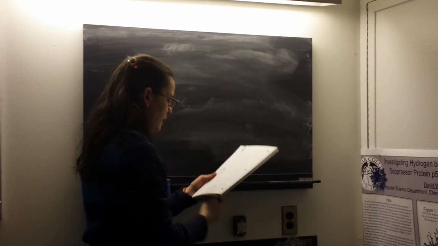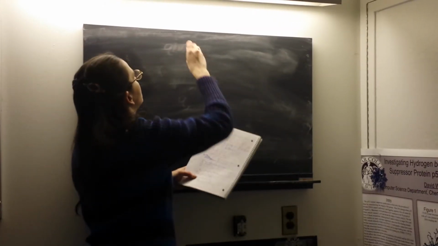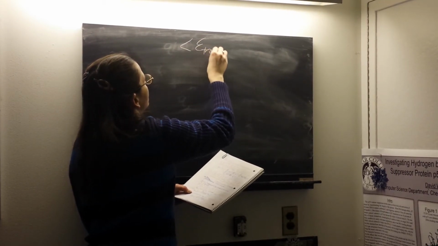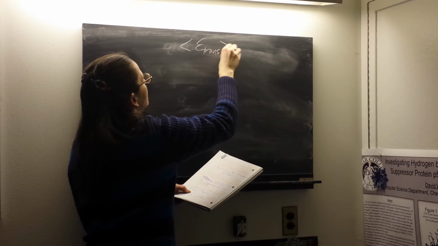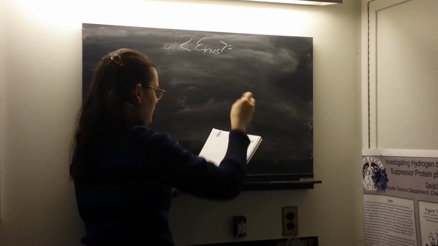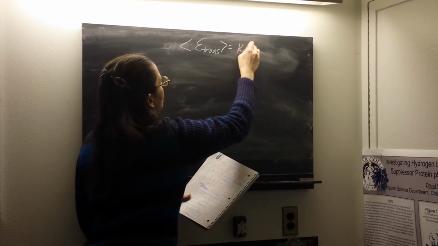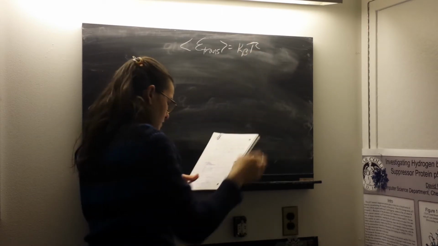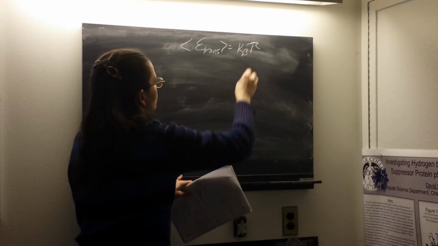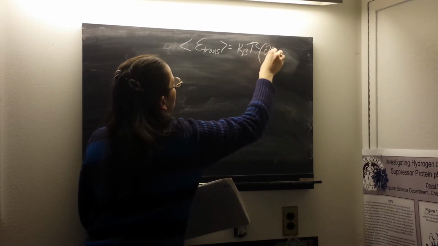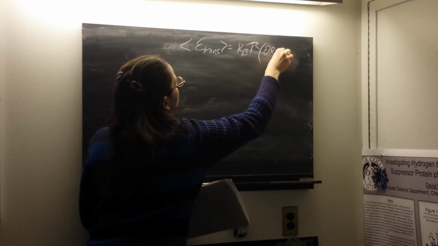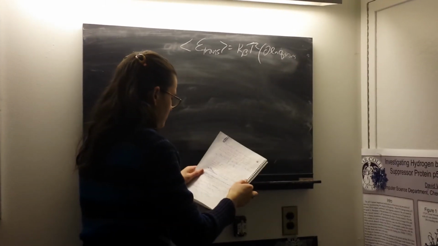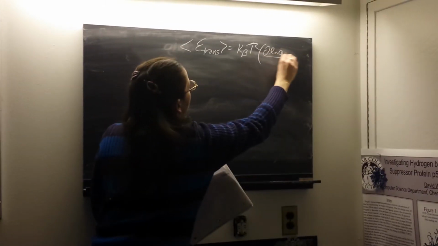Now that we have our Q, we can write the average energy of translation is going to be equal to kBT squared times d ln Q trans over dT with constant volume.